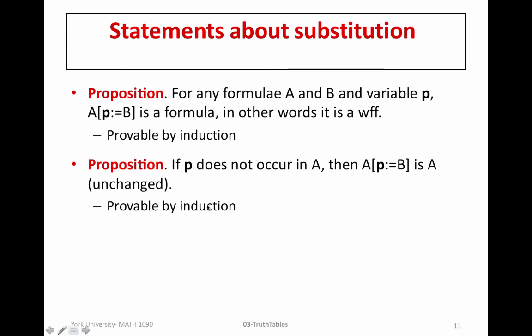The other natural result that occurs from this is that if P doesn't occur in A, then the substitution simply remains unchanged. We simply get A back. This is also easily proved by induction in the textbook. Okay, so that brings us to the end of section 1.3, and now we're going to move to section 1.4, where we begin to work within logic and develop our system.